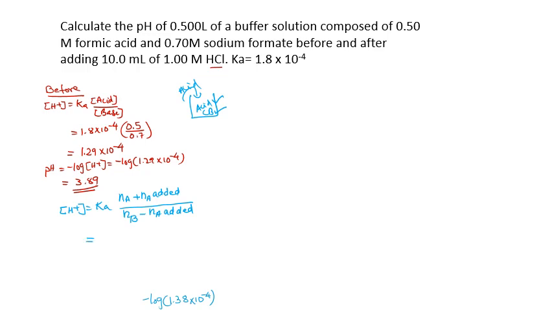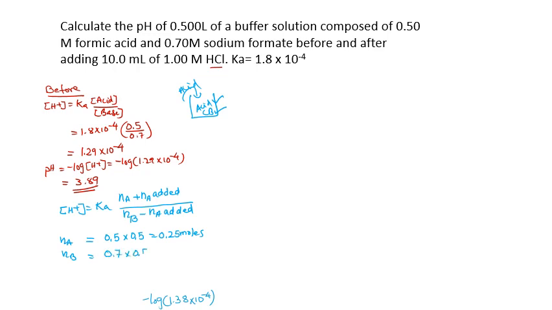And now I will substitute the Ka value and the number of moles. Before I substitute, let us see how to calculate the number of moles of original acid. For original acid, it is 0.5 molar in 0.5 liter. So 0.5 times 0.5 will be 0.25 moles. And the number of moles of conjugate base in the buffer solution will equal molarity times the volume.